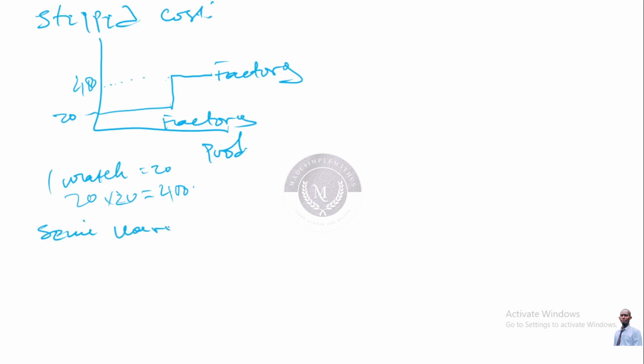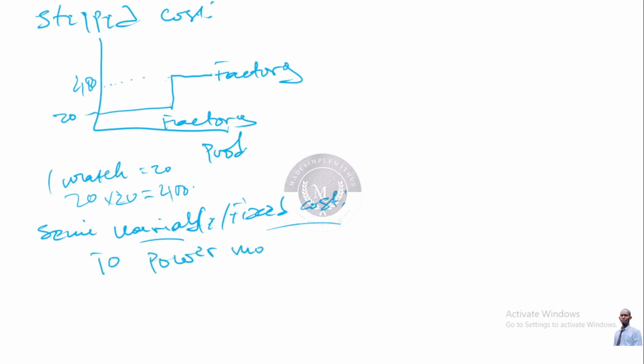Semi-variable is a combination of both fixed and variable. Let's look at the example here. Let me say we rent a factory wherein we deal with electricity, and also we are producing watch. Are we okay? So the semi means that it's a combination of both variable and fixed costs.